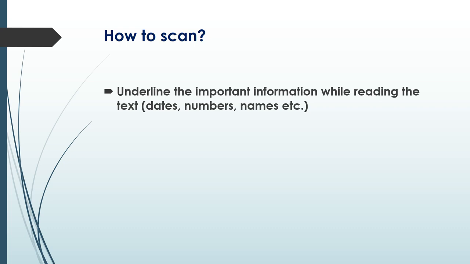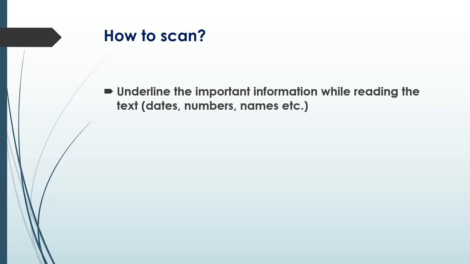If somebody gives you that text and asks you to skim it for the general idea, you are not going to stop at small details like dates, numbers, names. You will just quickly get the overall idea, that this is a text about Qaid-e-Azam and his speech in the Constituent Assembly.